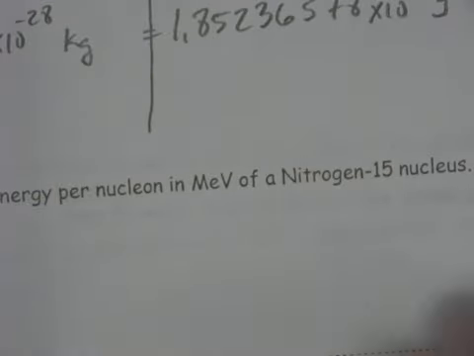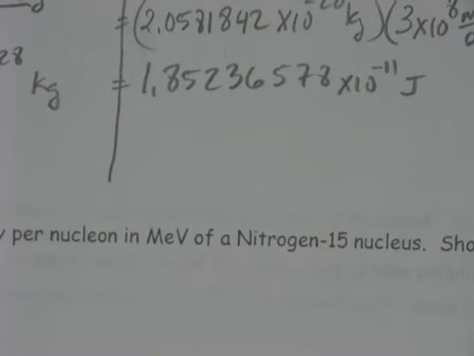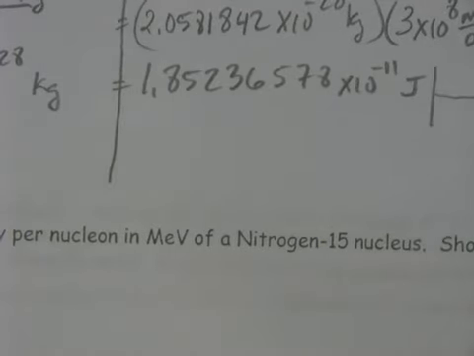Now, I don't want my answer in joules. I want my answer in mega electron volts, and I have to do some conversions to make this happen. So here are the conversions. To go from joules into electron volts, you need a number that I haven't given you yet.